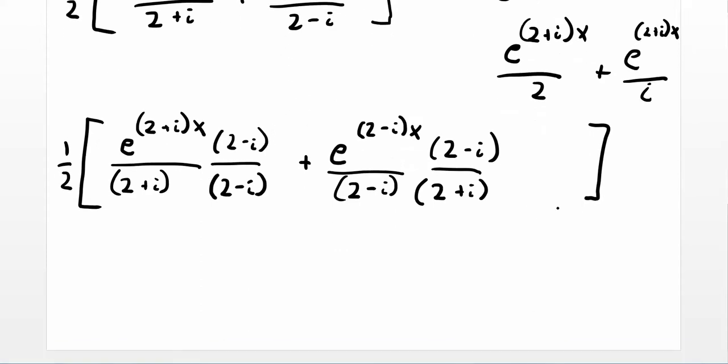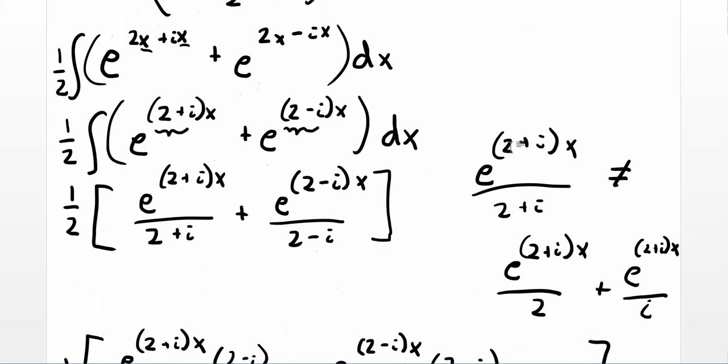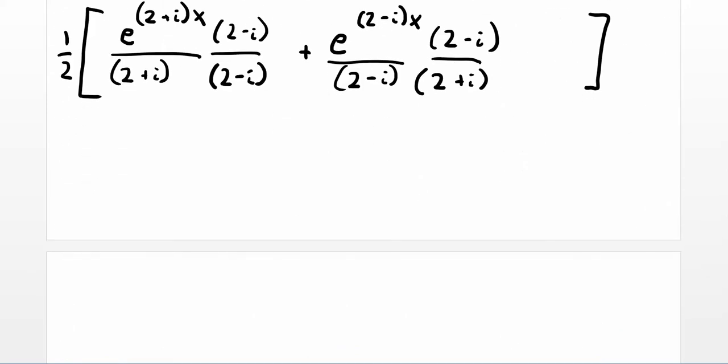Just another side note. When you find the conjugate of a complex number, you have to make sure it's in the correct form, a plus bi. The conjugate would be a minus bi.